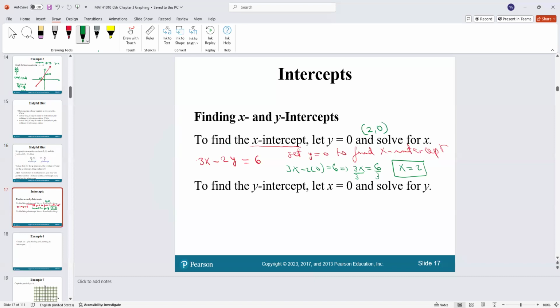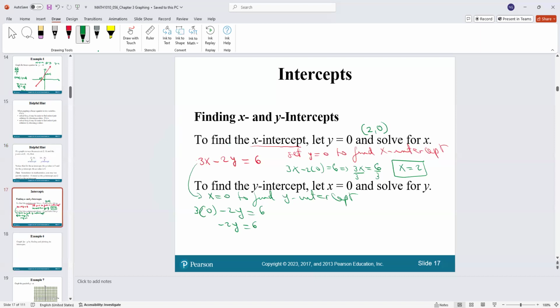Now to find the y-intercept, you let x equal 0. For the same equation, if I let x equal 0 to find the y-intercept, that's what we do. We say 3 times 0, because x is 0 now, minus 2y equals 6. 3 times 0 is 0, so we have negative 2y equals 6.